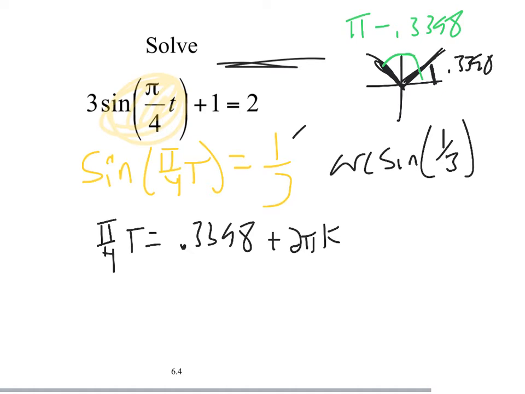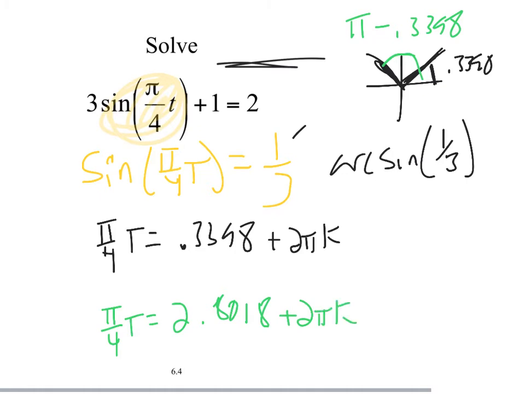So pi minus that answer, I'm getting pi over 4 t equals 2.8018 plus 2 pi k.